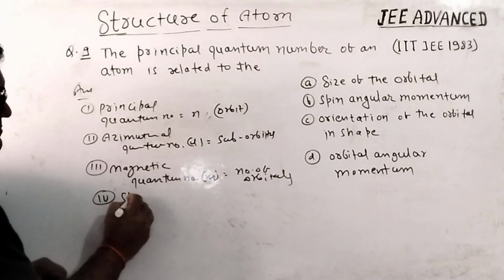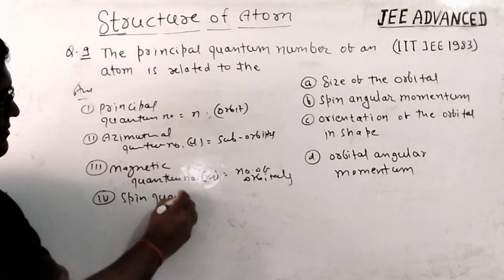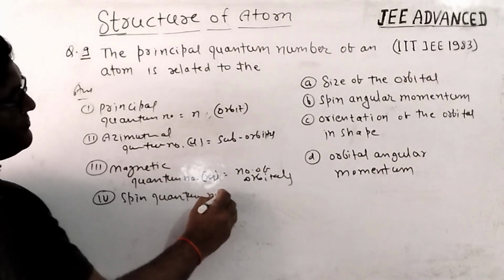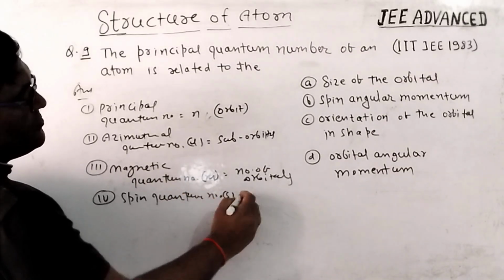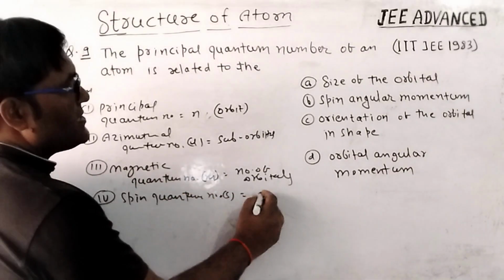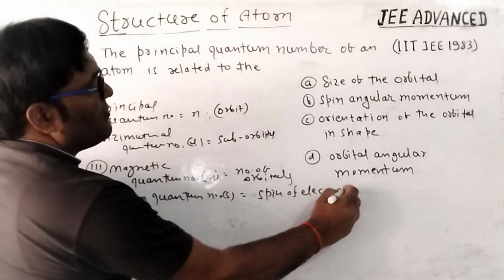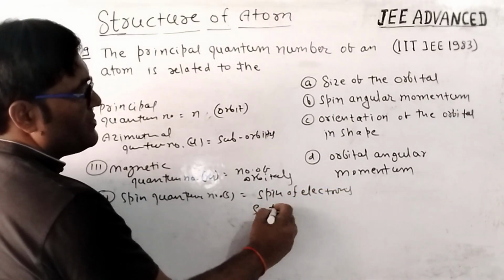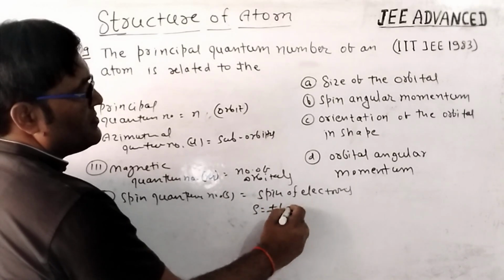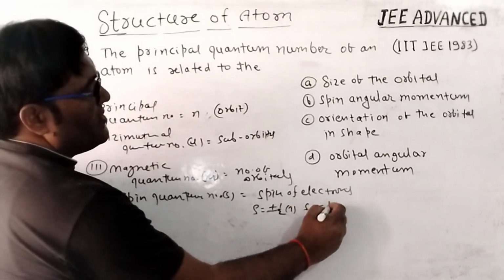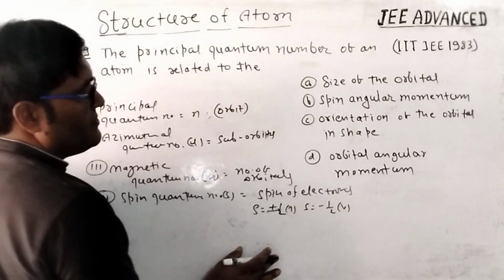Fourth is spin quantum number denoted by s. So spin quantum number represents spin of electrons on their axis. So s is plus half, so spin is clockwise. s is minus half, so spin is anti-clockwise.